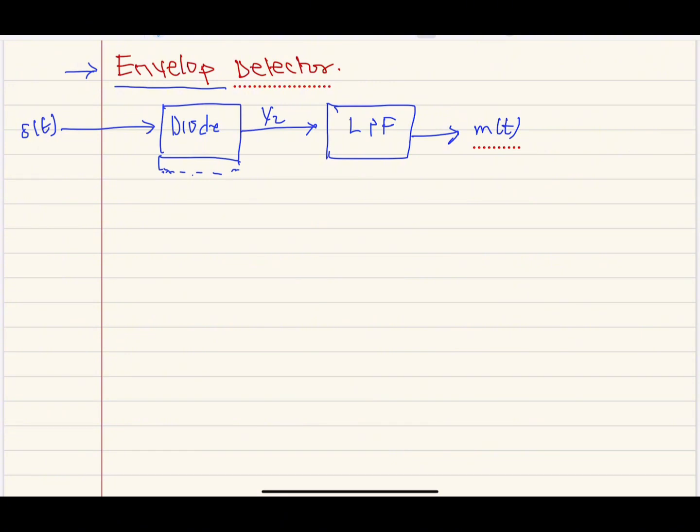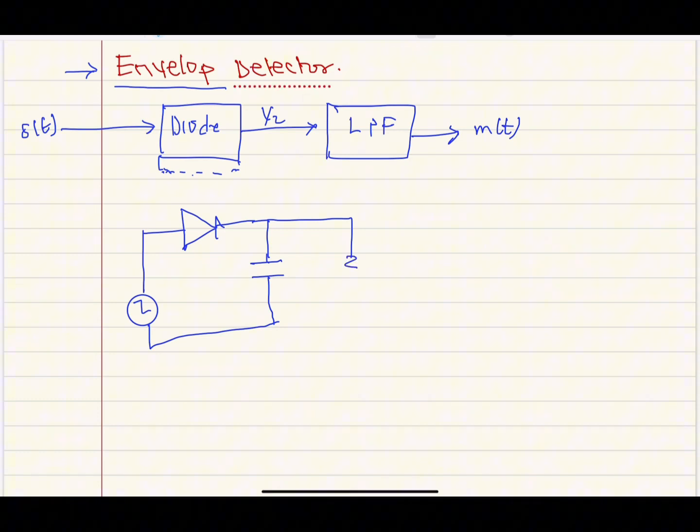Aside from that, when you look at the original circuit, for instance, let's do this. This is the diode. It's being coupled with a capacitor and a resistor, which are arranged in parallel. This is what the low pass filter contains.